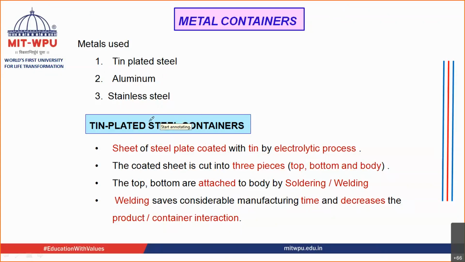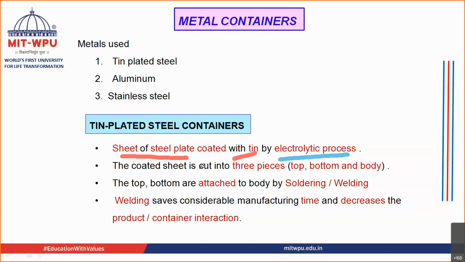It is basically a sheet of steel that is coated by tin, hence it is a tin plated steel container. The steel sheet is coated by tin by an electrolytic process, and you use that electrolytic process in order to plate this tin onto your steel container, right?